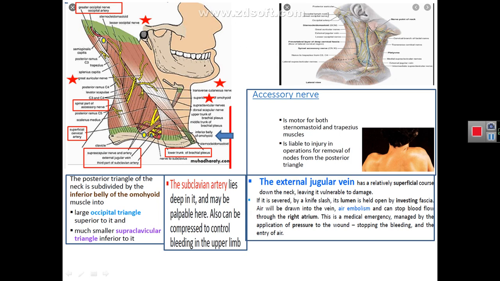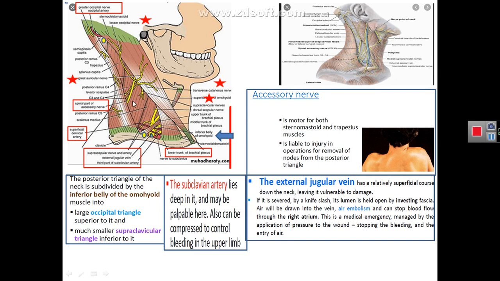Then this accessory nerve exits the skull and redivides. The cranial part combines with the vagus nerve, and the spinal part supplies the sternomastoid muscle, perforates it, and runs on levator scapulae in the posterior triangle, then passes deep to trapezius to supply it.